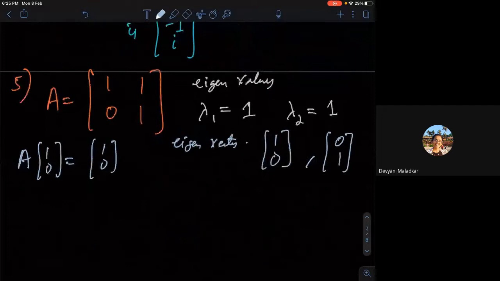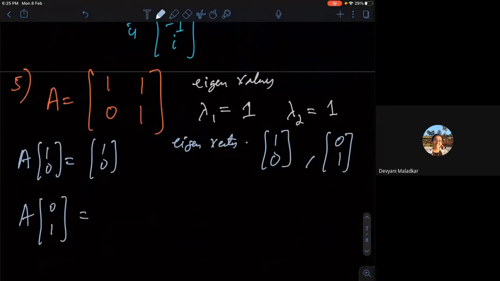And if you do 0 1, what do you get? One. It's 1 1. So this is not an eigenvector.